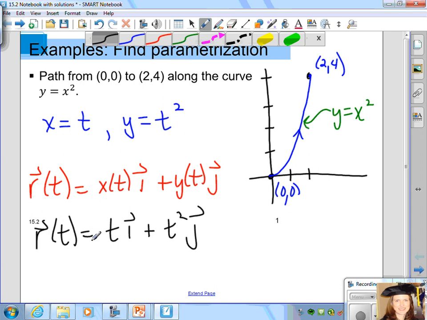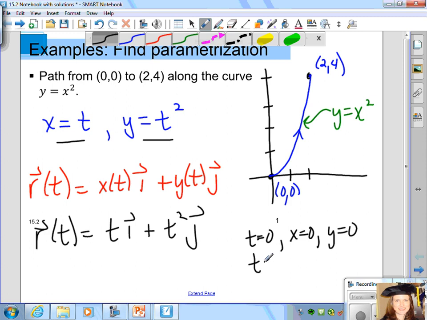And with any parametrization for a path, you do want to also give a time interval. In this case, if we plug in t equals 0, the location using these parametrizations would be x is equal to 0 and y is equal to 0. So you would be right here at the point 0, 0.